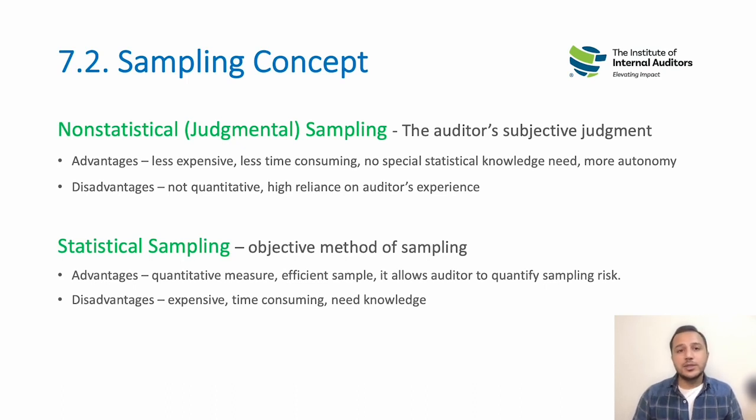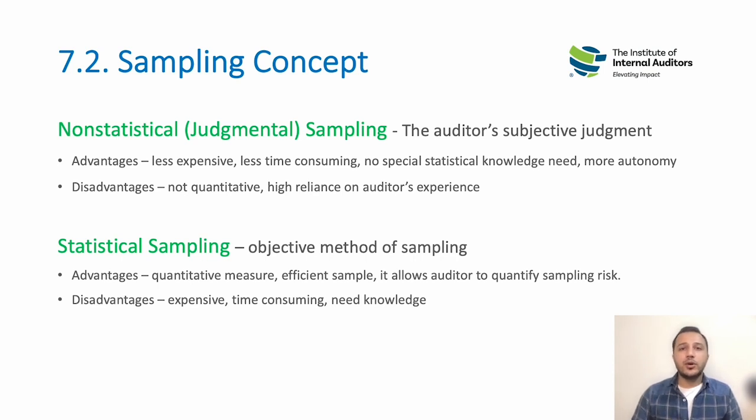It is less expensive, it is less time consuming, and it doesn't need very sophisticated statistical knowledge to pick a sample from the entire population. And it gives more autonomy to the auditor to pick the data which they believe would be more relevant in order to achieve the audit engagement objectives.